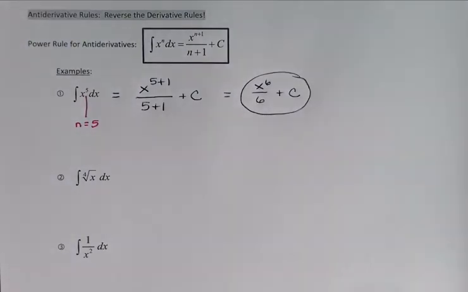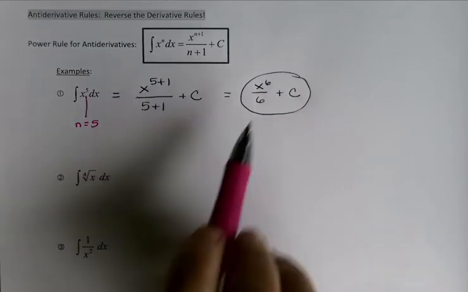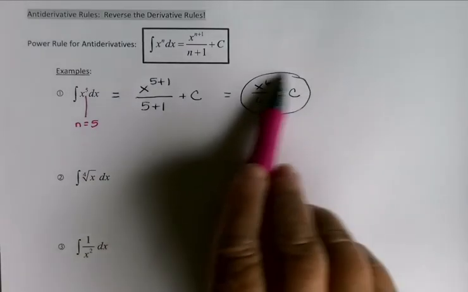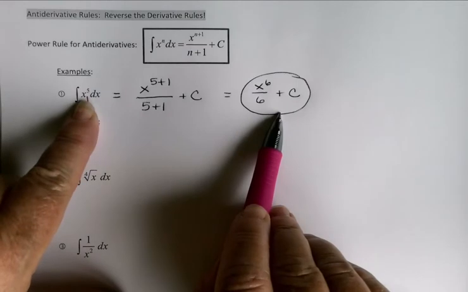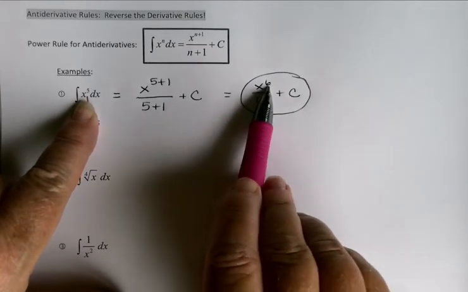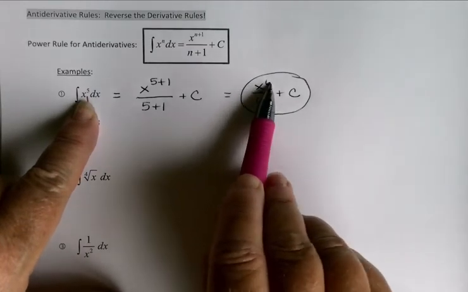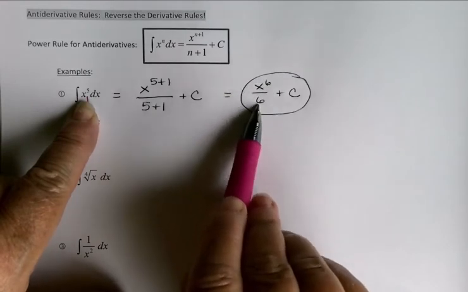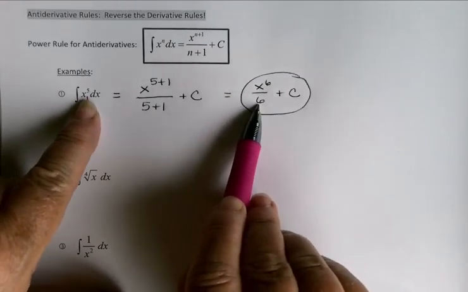Now you can always check an antiderivative. If I take the derivative of my answer, I should get back to here again. And notice if I did, this would become 6x to the 5th. The 6's would cancel, and I'd be right back here again.